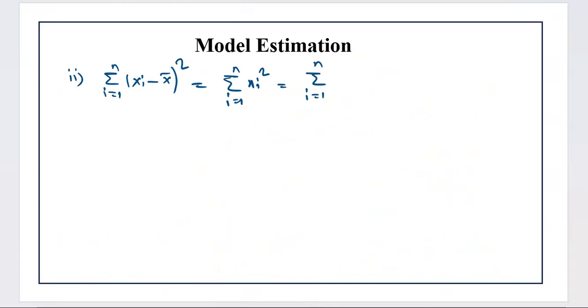Now, for the RHS, you have to take a look at another particular observation. That will be summation i from 1 to n xi minus x bar whole square. What can you write about this in the deviation form? This is simply summation i from 1 to n small xi square, right? Now, if you break this thing, you will have summation i from 1 to n xi square minus x bar into summation xi.